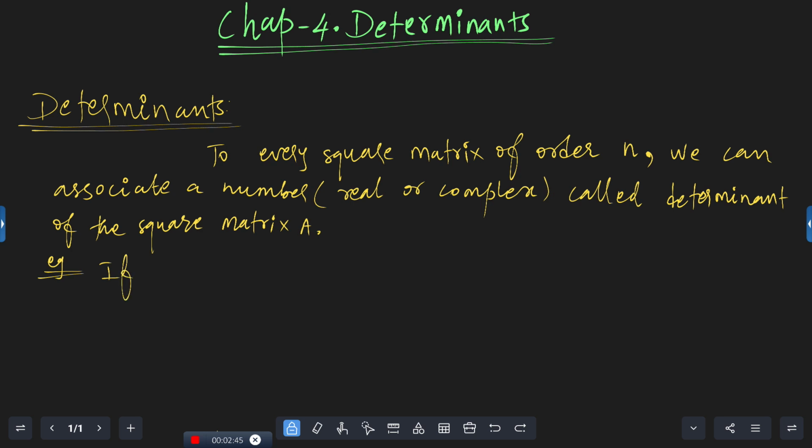First I'm going with the 2 by 2, then I'll give 1 by 1, order 1, order 2, order 3, like that. So for the definition, I'm taking a 2 by 2 matrix, suppose a, b, c, d.